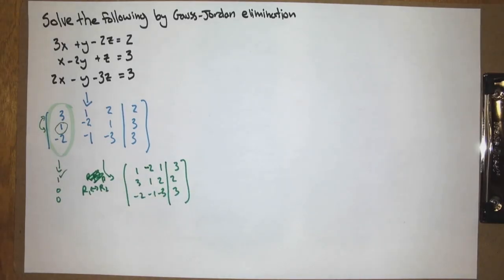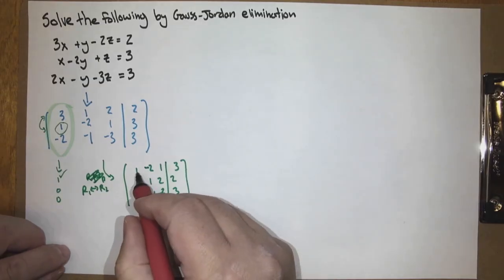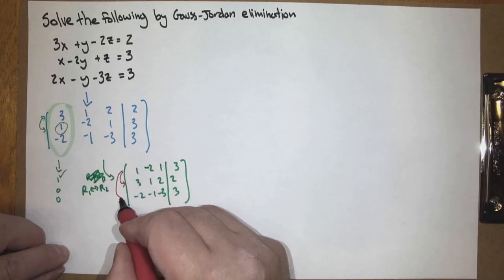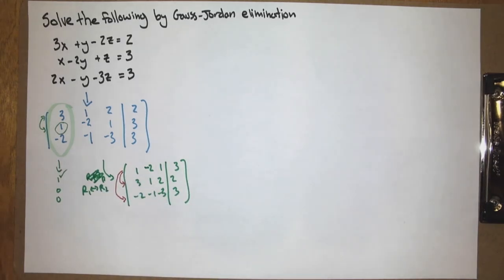Now we need to knock things out. So we knock things out by using the first row and combining it with the other rows. In other words, we're going to add a multiple of the first row, where that one is, to knock out the other non-zero entries.